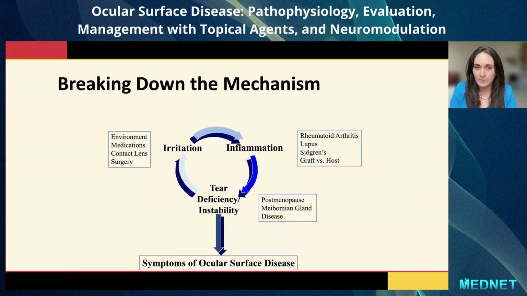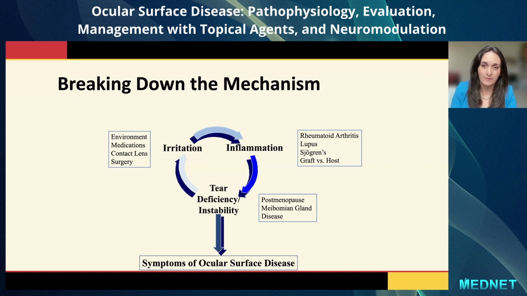To break it down a little bit, the way that I like to think about it is that there's this cyclical component to dry eye disease, which involves irritation, inflammation, and tear instability or deficiency. And there are different things to think about in all of those areas. This by no means encompasses all of ocular surface disease or dry eye disease, but there are parts to think about here. You want to think about the environment, both systemic and topical medications, contact lens history, and surgical history.